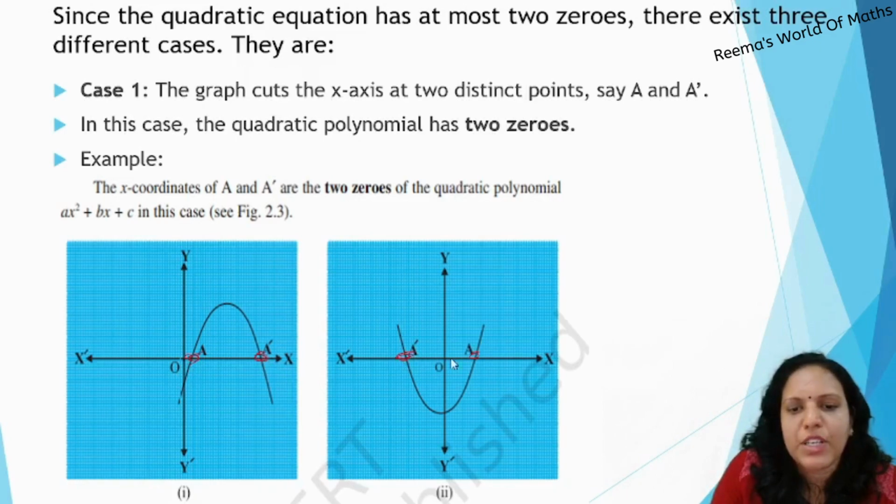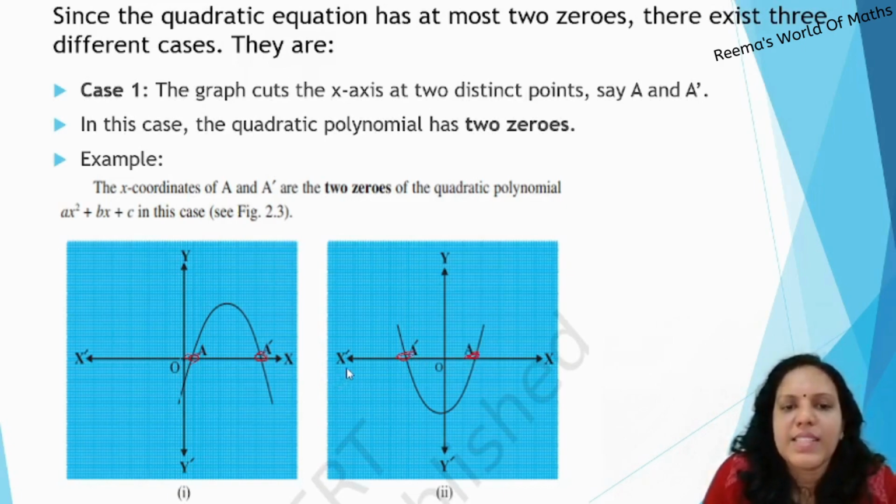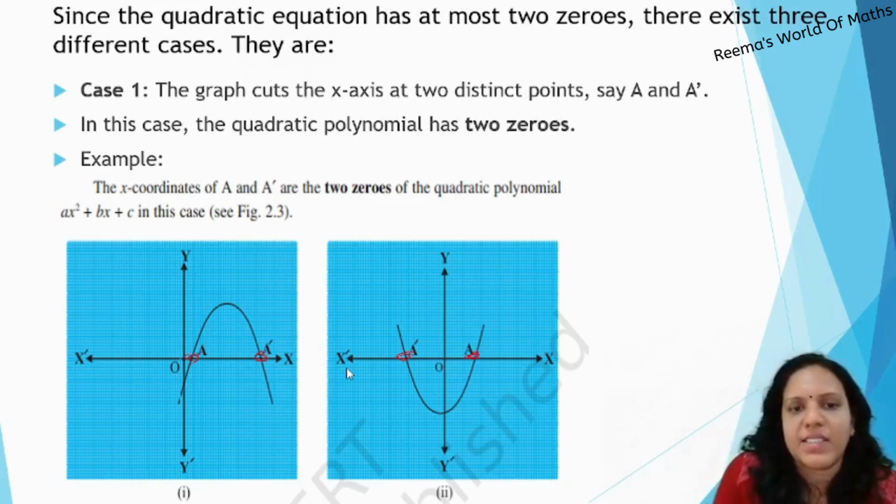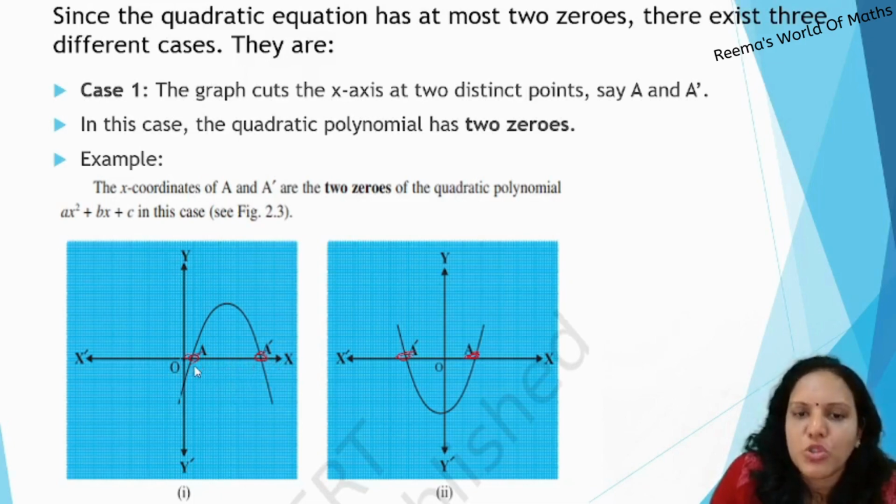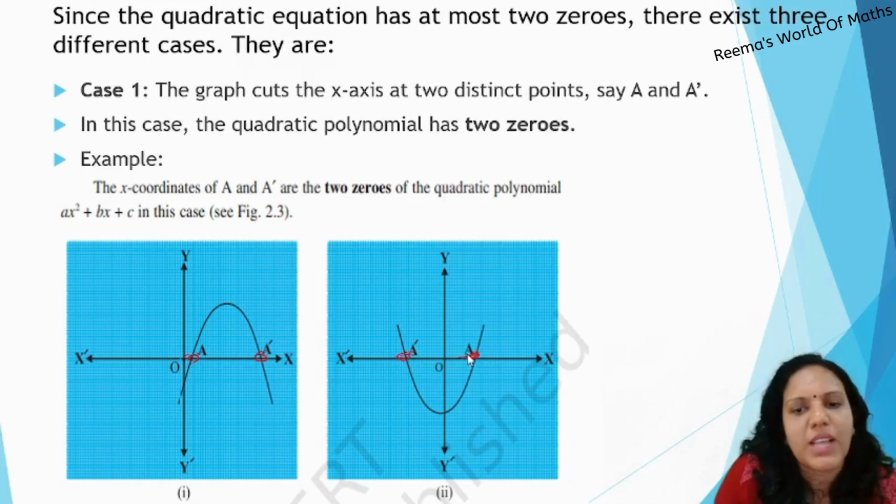Even in the second figure we can see the x-axis is cut at two different points. In this case, the quadratic polynomial has two zeros. So the zeros of the polynomial are found where it cuts the x-axis. In this graph it has cut two times, so it has two zeros, and even here it has cut the x-axis at two different points, so it has two zeros.